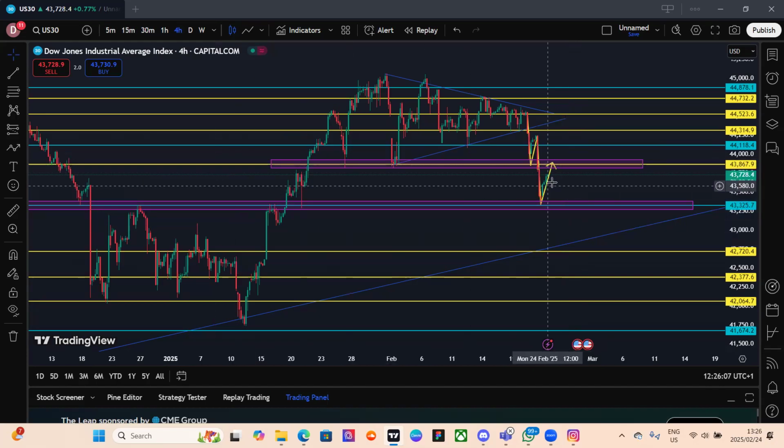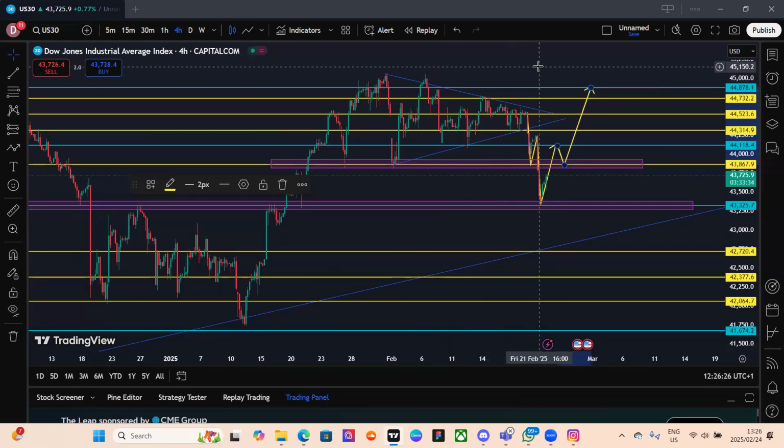So what I am talking about is if you see price come and hit this area here, and then create a retest around this level, and then push straight up again, maybe coming back to this area of the weekly high, then we could be seeing a lot more upward momentum being pushed through.